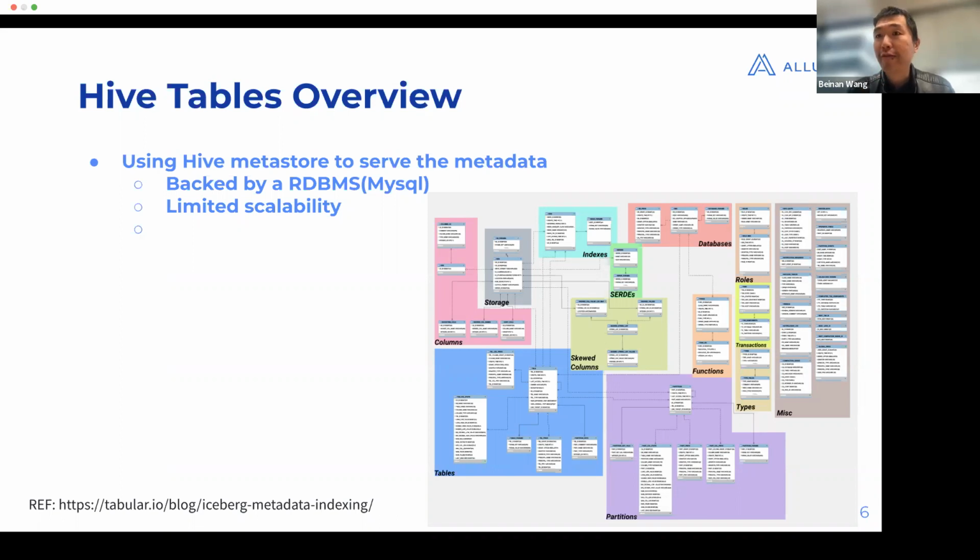We don't have the file list in the Hive metastore, which means we get a list of the folders, the directories. We still need to call list status, the list RPC, on S3 or HDFS. That might be overwhelming for the name node or S3. Also there might be some extra cost if you're using S3.